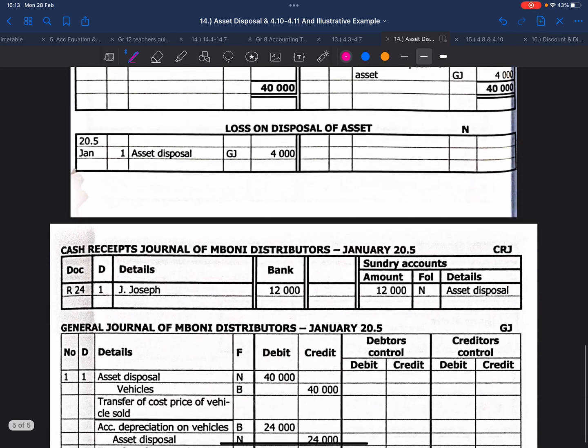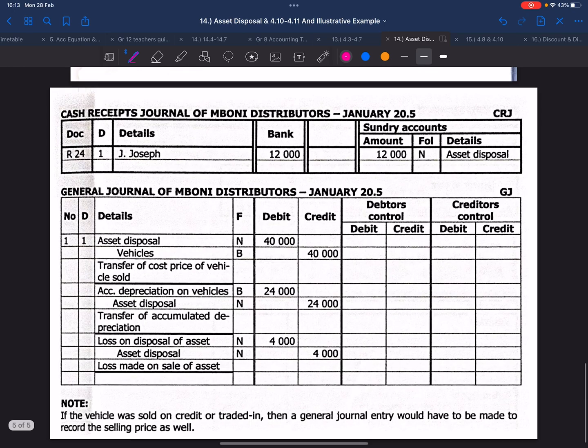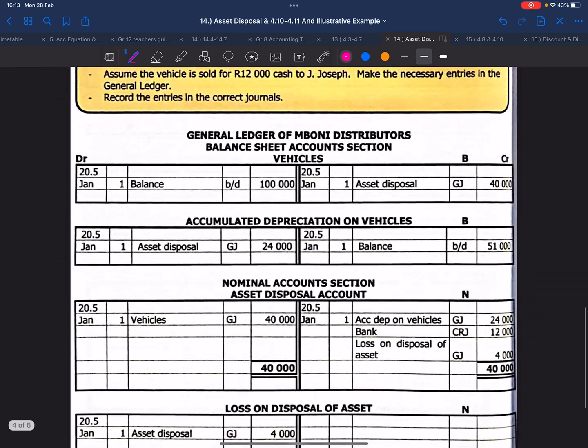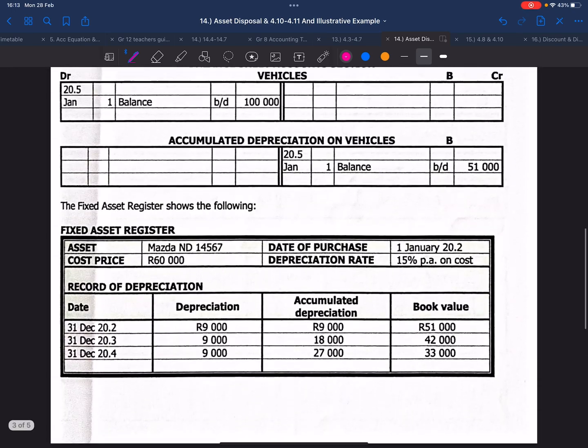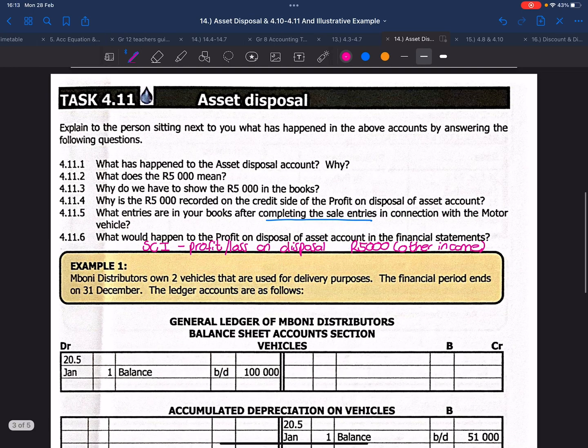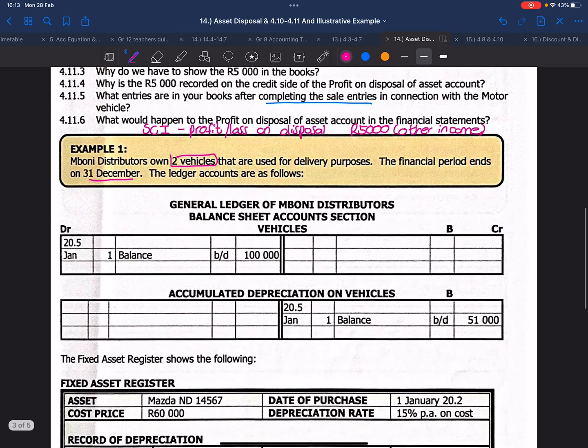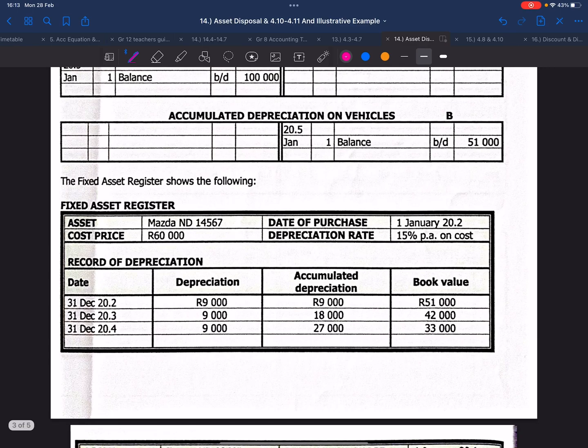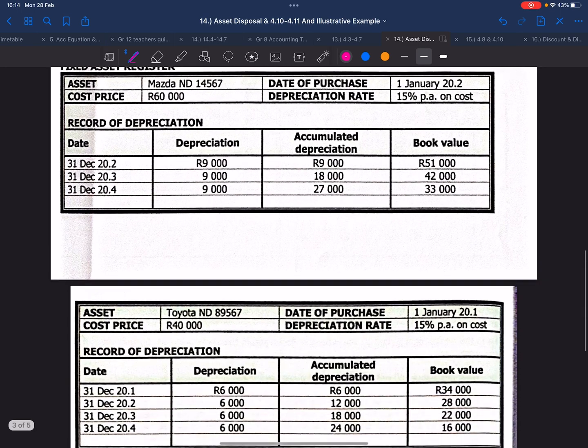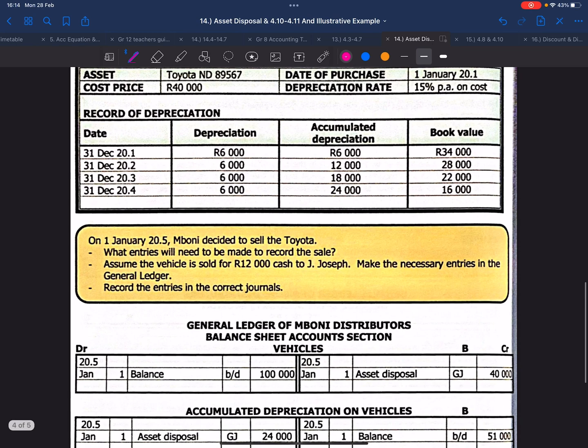Okay, then I want you guys to please slowly work through this example under 4.11, because we owned two vehicles that were used, and now the financial period ends and they tell us that the vehicle at a later stage was sold.